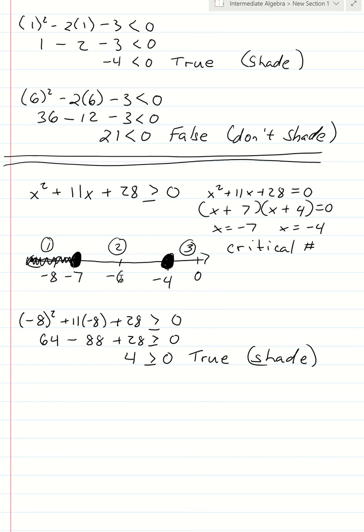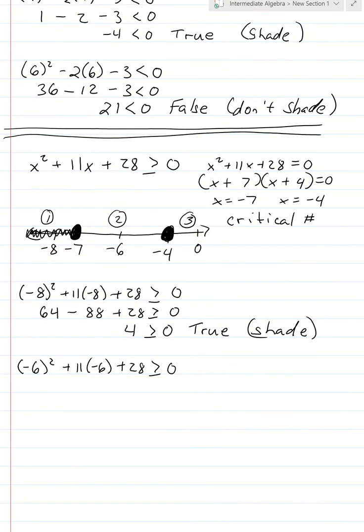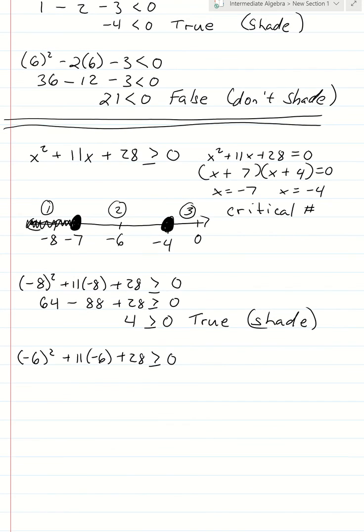Let's try now the negative 6, because that's a number that happens in region 2. And so we would take negative 6 squared plus 11 times the negative 6 plus 28. Is that greater than or equal to 0? Well, let's simplify what we can. Negative 6 squared is 36.